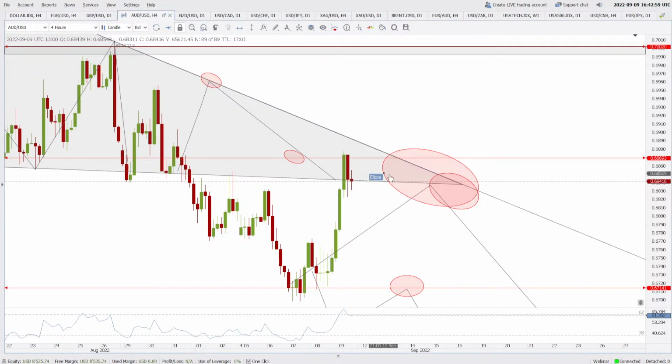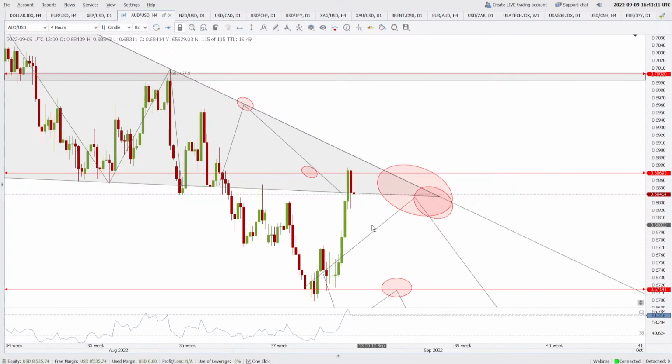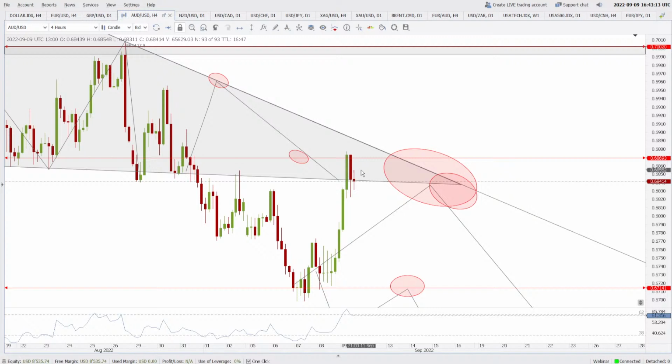Maybe if you see something like a triangle and then breaking lower, that will be an option, but as of now there's no confirmation because there's no bearish engulfing, there's no bearish pin bar. So maybe it will take some time for that kind of pattern to develop, and then we can be certain if we are going to go short in this market. But as of now 0.6869 is the good resistance in this market, and 0.6714 is the support.